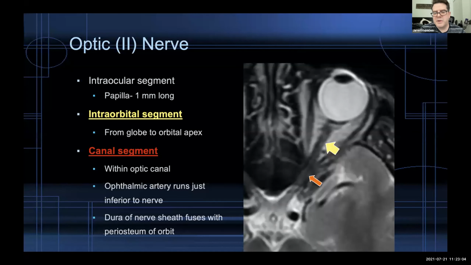Okay, so here's an arrow depicting the span of the nerve. Most of it is intraorbital, as you see. There's the yellow arrow points to. The orange is the intracanalicular part. But the canal, which is not easy to see on the MR, but it's where the nerve sits at the orange arrow, just has the nerve and the artery, the ophthalmic artery.